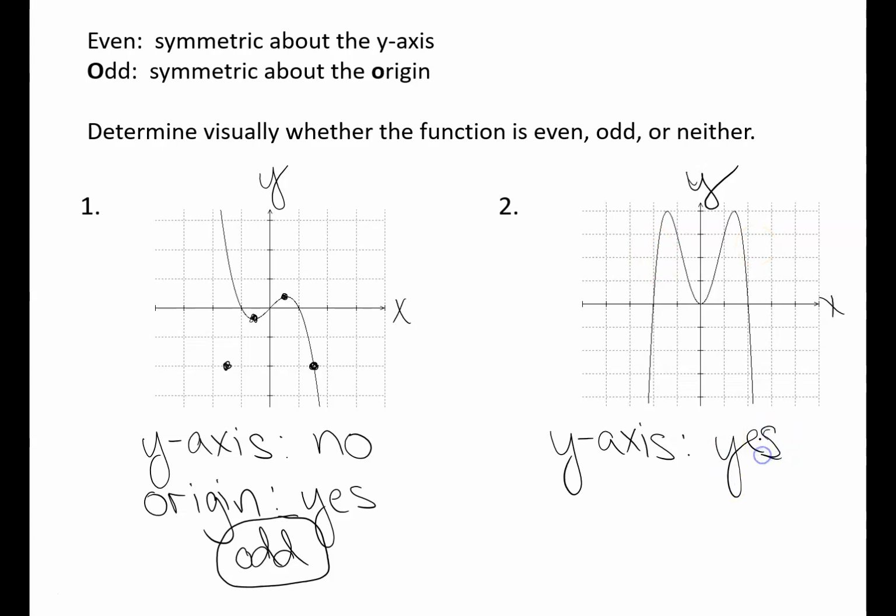Or if you need to pick a point, let's say we just pick this point here at the top, it's symmetric to this point about the y. So if y-axis is yes, you don't even need to check origin. You can just go ahead and answer this is an even function. Y-axis symmetry means even.